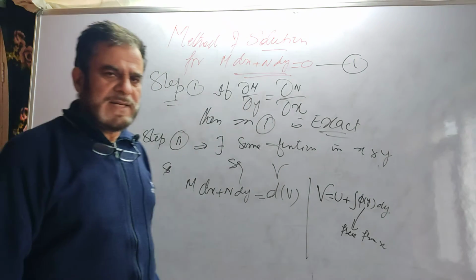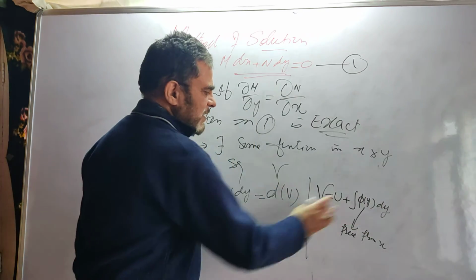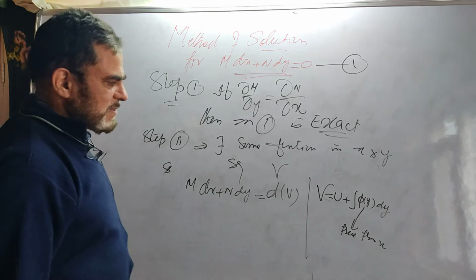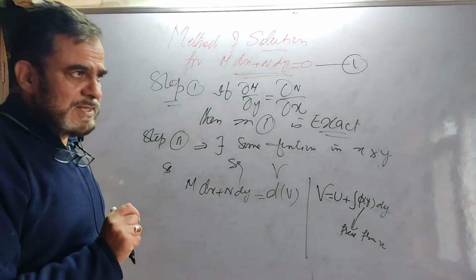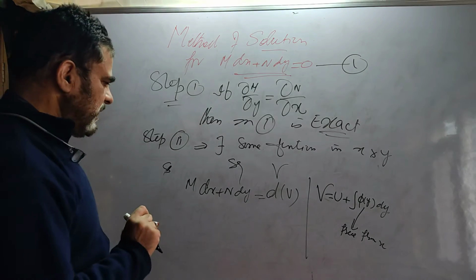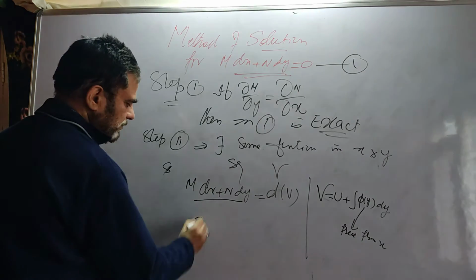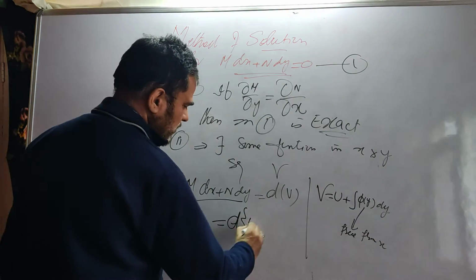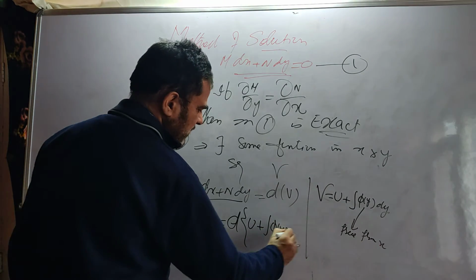Go a few steps back to alpha and beta and you will see that phi of y does not involve x in any way. It will be d of u plus the integral of phi of y dy.